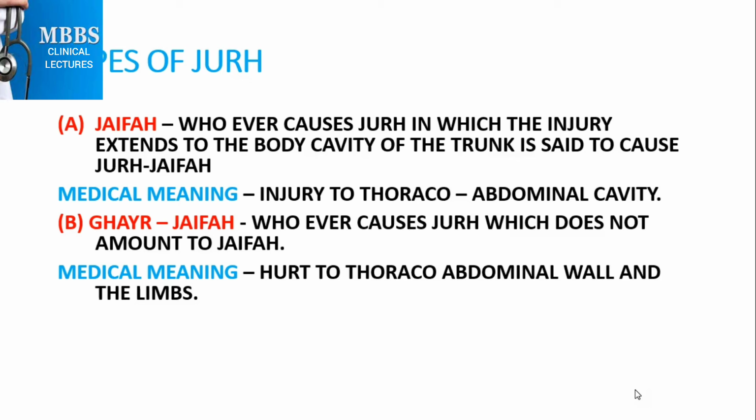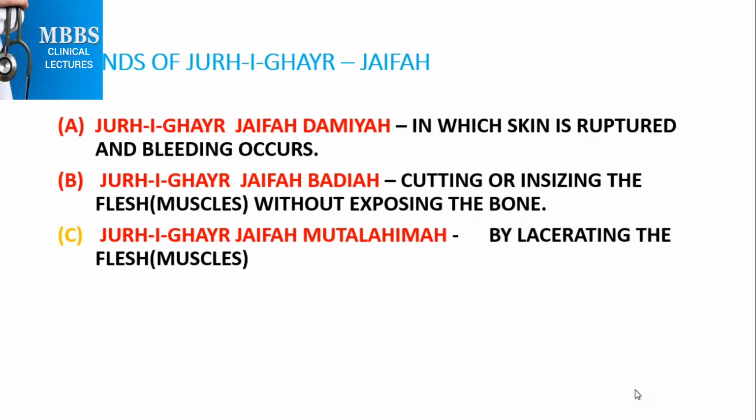So hurt which comes under Jara, that any injury on any part of the body other than head and face. 2 types: Jaifa, when injury extends to the body cavity of thorax and abdomen, and when an injury does not extend to the body cavity of the thorax and abdomen and it is on either the thoraco-abdominal wall or on the limbs, upper limbs as well as lower limbs, such injuries will be called as Jara Ghair Jaifa.